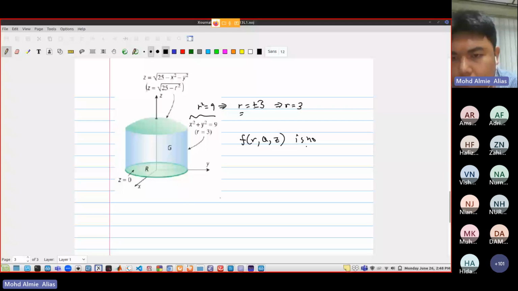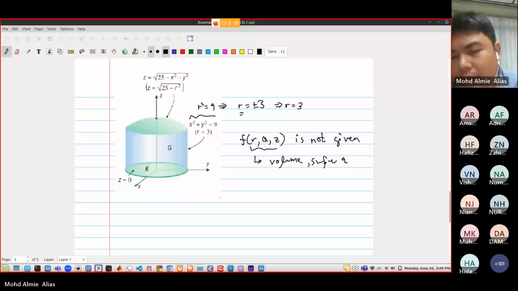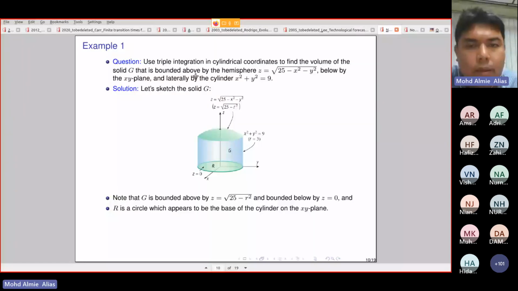As I said in the previous lecture, if f, which is a function of three variables, is not given, usually you will be asked to find the volume, or probably the surface area. Now, in our question, you are asked to find the volume.